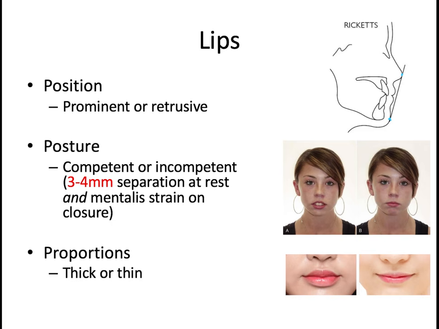So the lower lip should be on this line and the upper lip should be slightly behind the line. If both of your lips are ahead of the line, they're considered prominent or protrusive. If they're behind the line, they're considered retrusive. So that's a quick and dirty way of judging AP position of the lips.